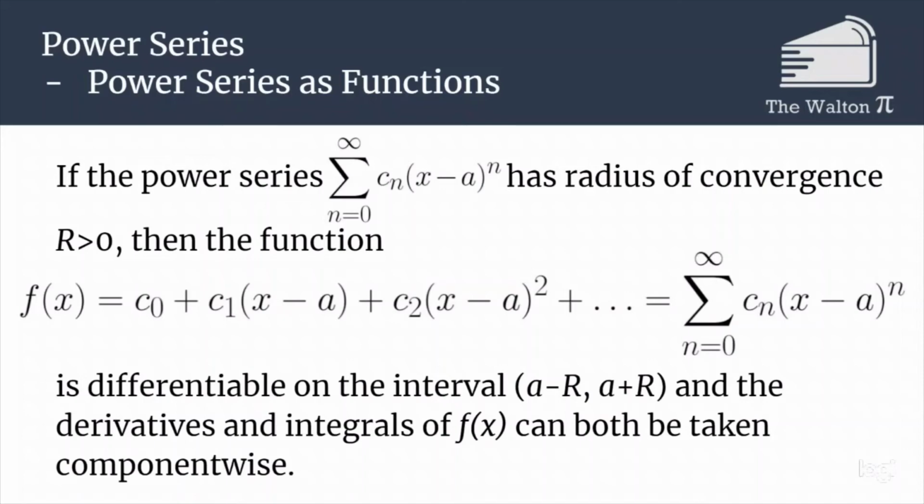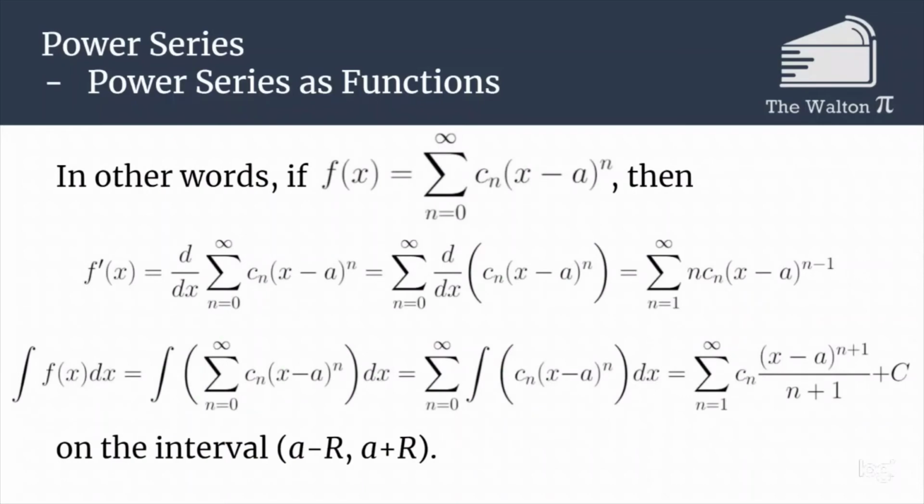And then we can also take derivatives and integrals of f of x, and we can do those component-wise. So if we were to look at f of x equals the sum from n equals 0 to infinity of c sub n times (x minus a) to the n, then the derivative of f is the derivative of that series, and we can actually move the derivative inside the series. So we can look at the sum of the derivative of c sub n (x minus a) to the n, which turns out to be the sum from n equals 1 to infinity of n times c sub n times (x minus a) to the n minus 1.